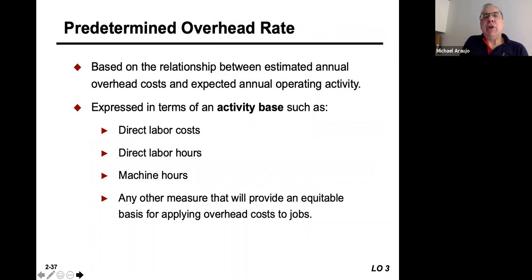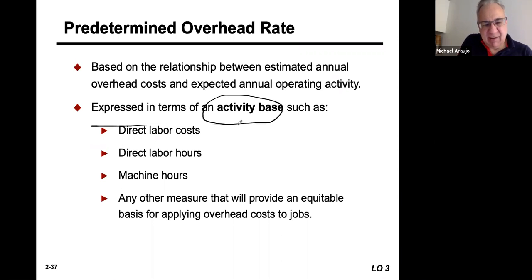Predetermined overhead rate is usually expressed based on a certain activity, and so they would say that our overhead is going to be 75% of our labor costs, right? Or our overhead is going to be a certain percentage of the machine hours or some other measure.